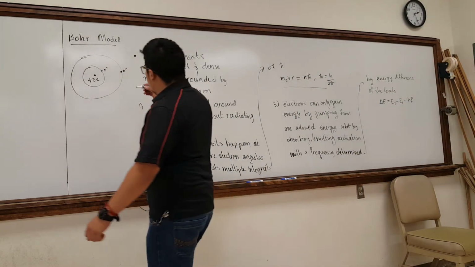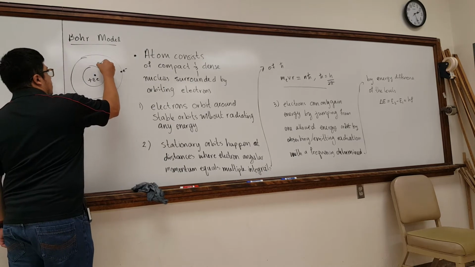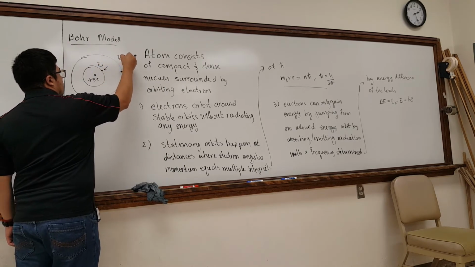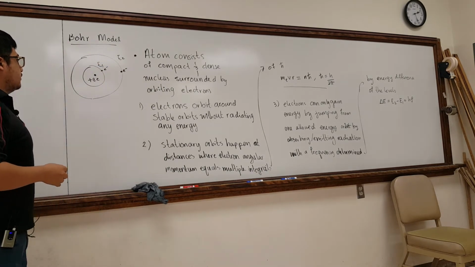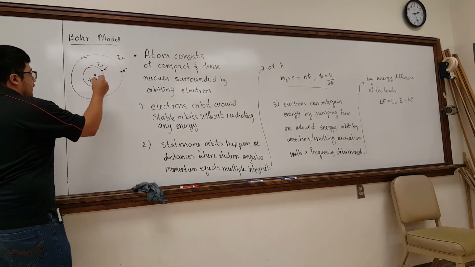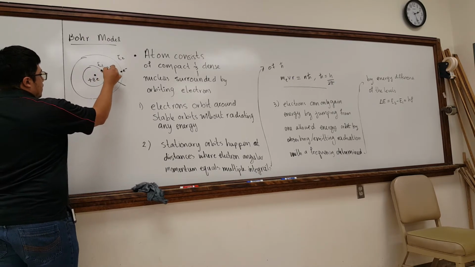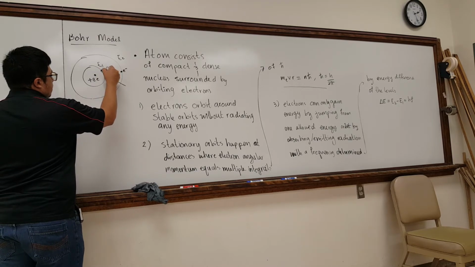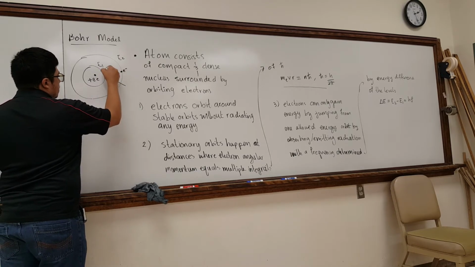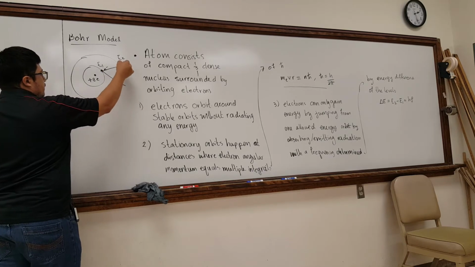So this orbit corresponds to one energy level, and this corresponds to another energy level. If the electron was to absorb a photon, it jumps from this to this energy state.